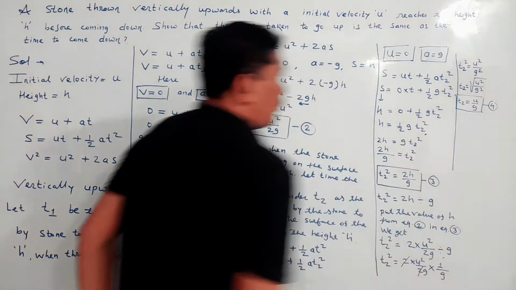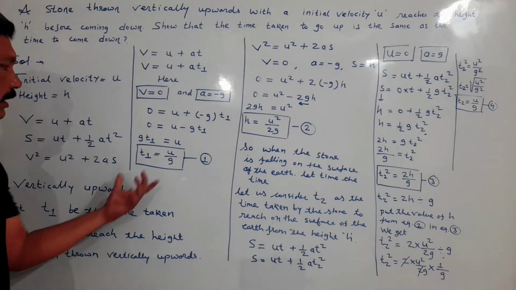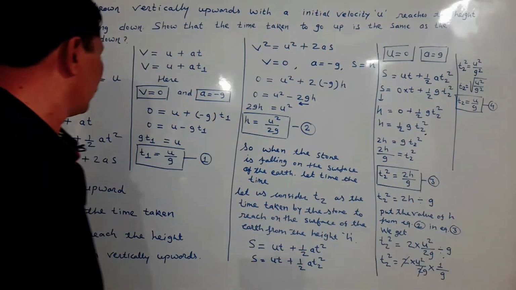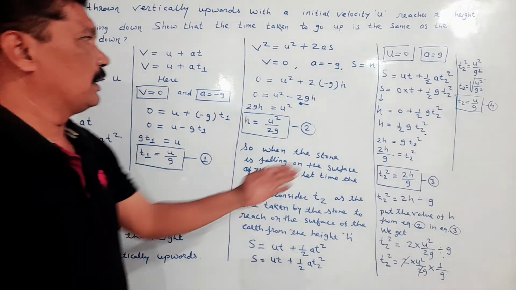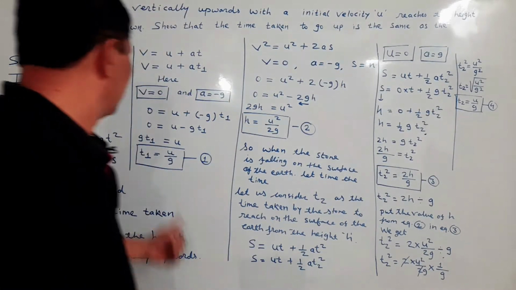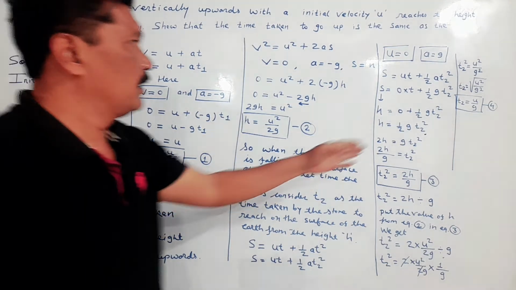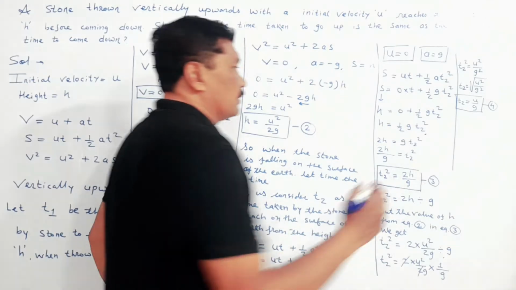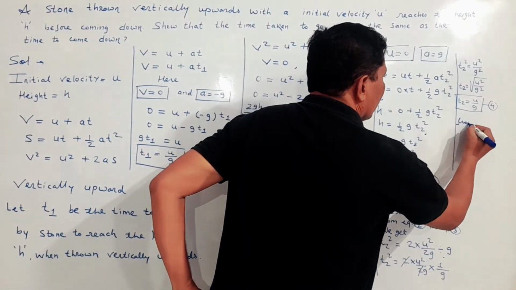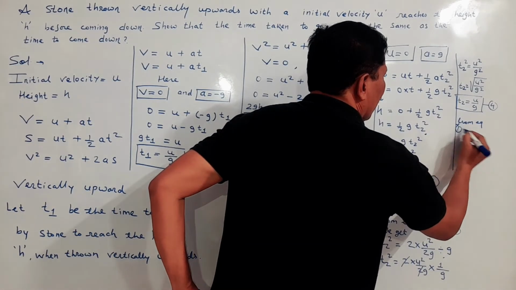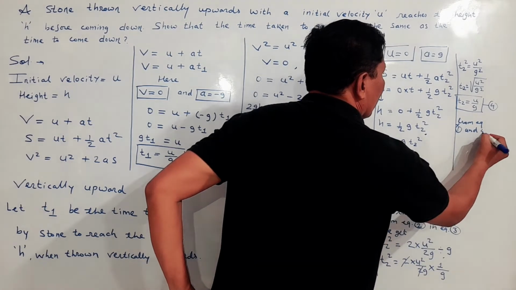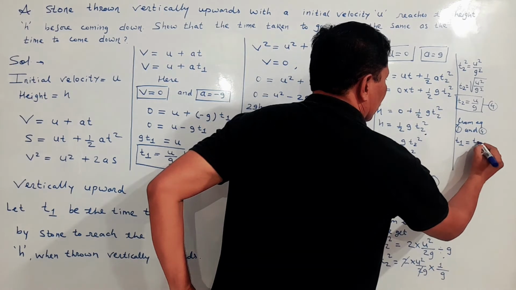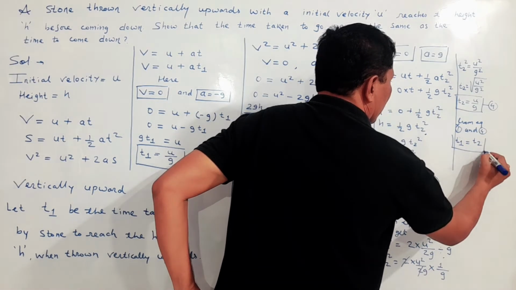Equation 4. Now my dear student, if you observe equation 1 and equation 4, you will find T1 and T2 is U by G and is U by G. So from equation 1 and 4, we can write T1 is equal to T2.